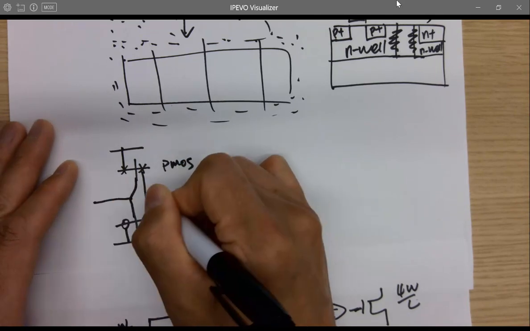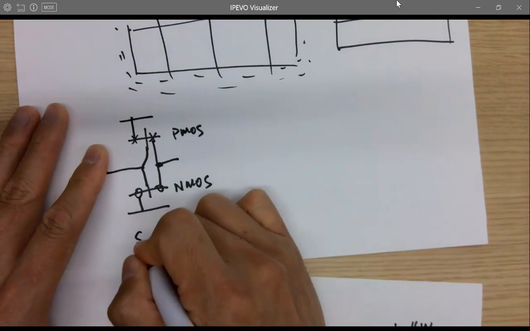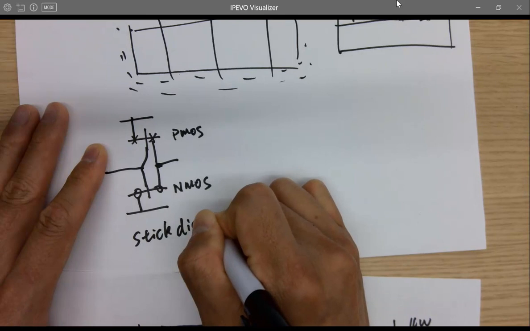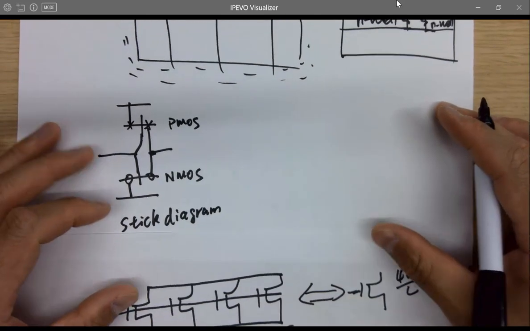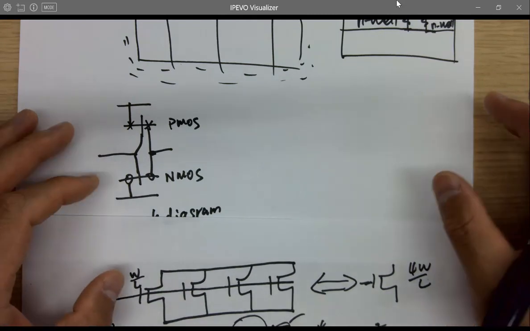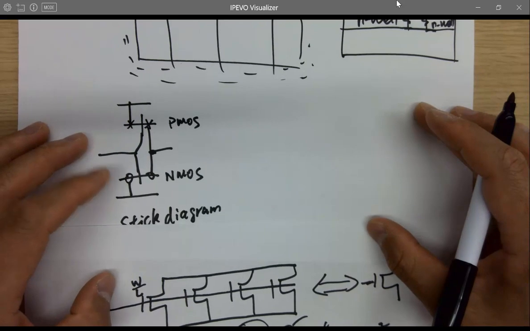Show the gate, input, output. So this is called a stick diagram. It helps simplify your layout and optimize your layout manually, but definitely not using all these auto routing tools. Simplify something, okay?